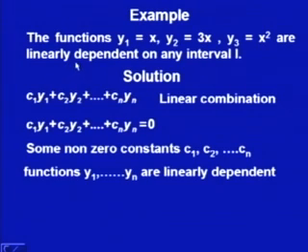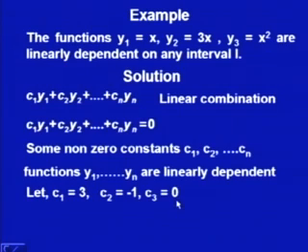Now, in this question we are asked to show that they are linearly dependent on any interval. Let us choose C1 as 3, C2 as minus 1 and C3 as 0. So I have chosen two constants which are non-zero and one zero constant, since there are three functions.